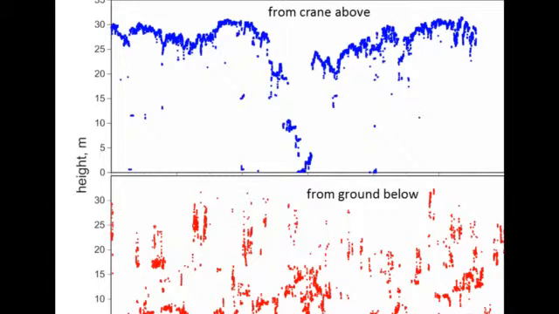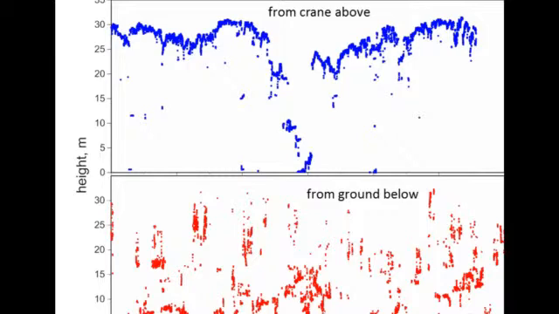Anyway, here's an example of one transect taken from both the crane from above and from the ground from below looking up. So above, in the blue, you see the canopy has a more or less continuous structure. And I imagine there's probably a way to test for the randomness of that, but it looks pretty non-random to me.